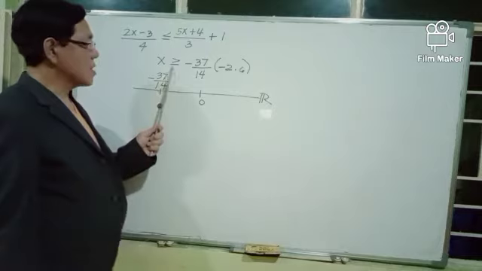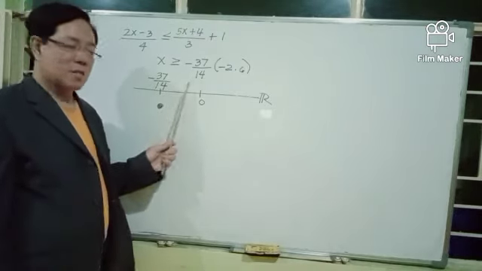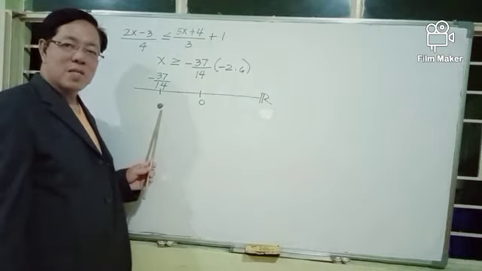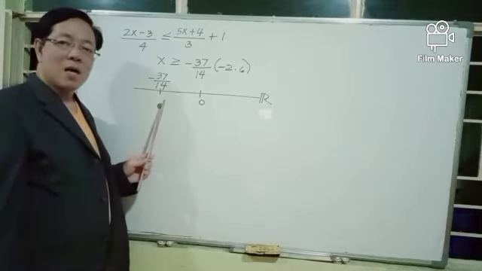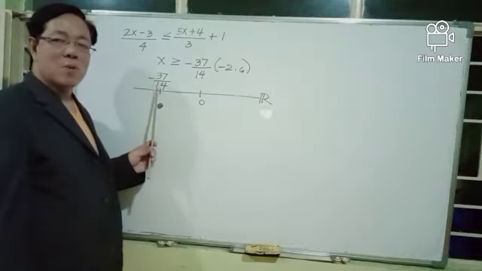All the real numbers greater than negative 37 over 14 are also solutions. And this is negative 37 over 14. The real numbers greater than negative 37 over 14 are the real numbers to the right of negative 37 over 14.